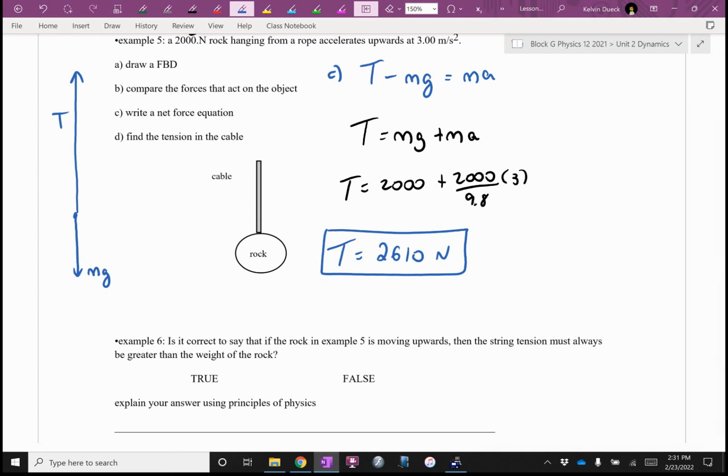Oh. Who says, yeah, true, Mr. Dewitt, true. 1, 2. Who says, no, false? 1, 2, 3, 4, 5, 6, 7, 8, 9, 10, 11, 12, 13, 14, 15. Who didn't vote? You voted?